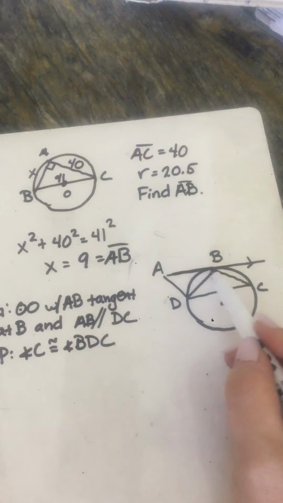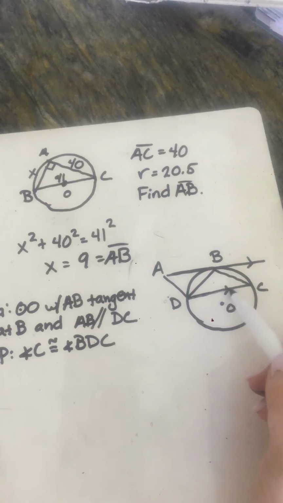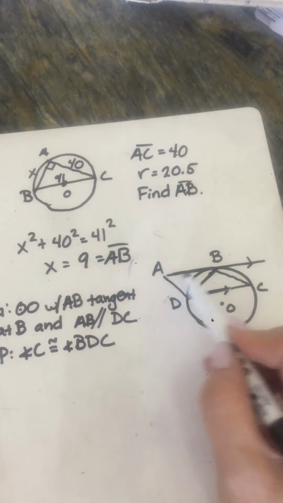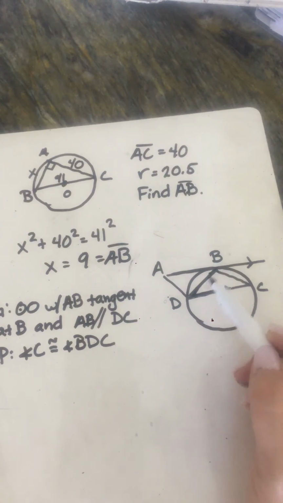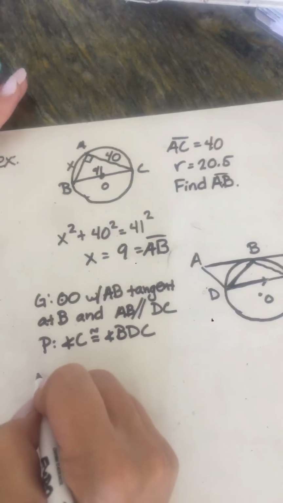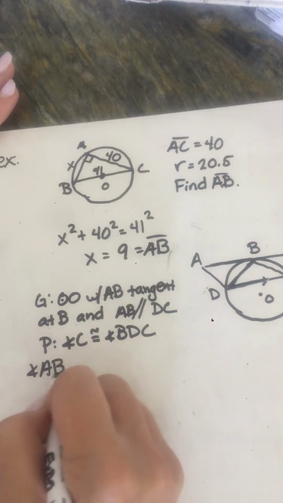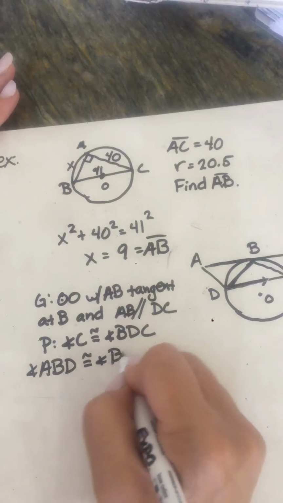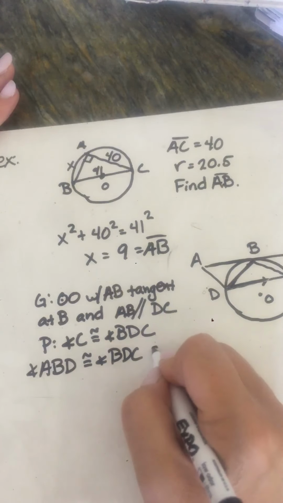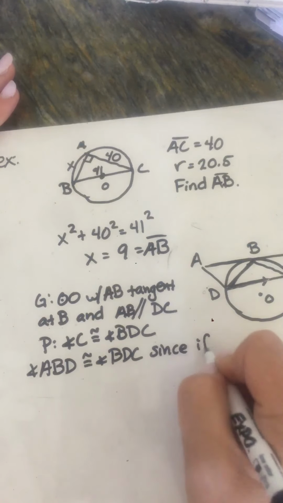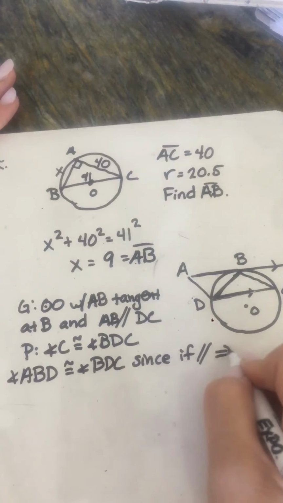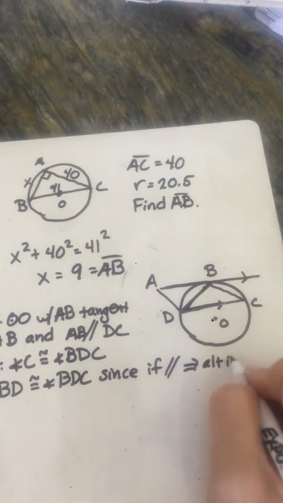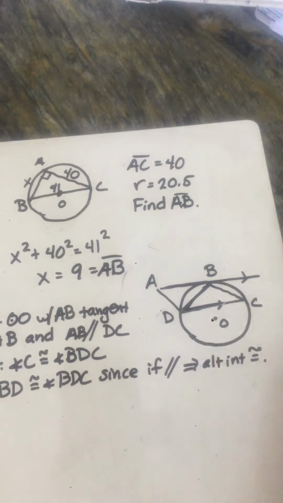If we go boom, boom, boom. Okay, I've got congruent, right? So I've got angle ABD congruent to angle BDC, since if parallel lines, then alternate interior angles are congruent. All right, I'm gonna mark that. There we go, congruent there.